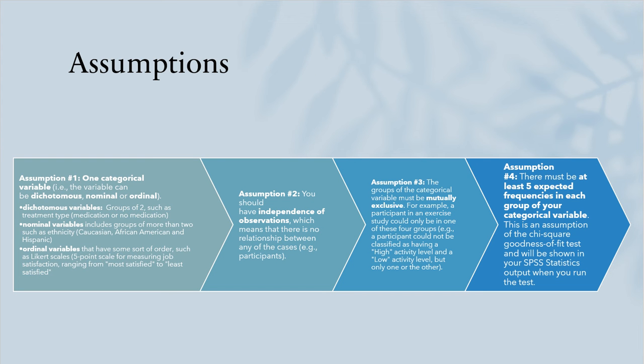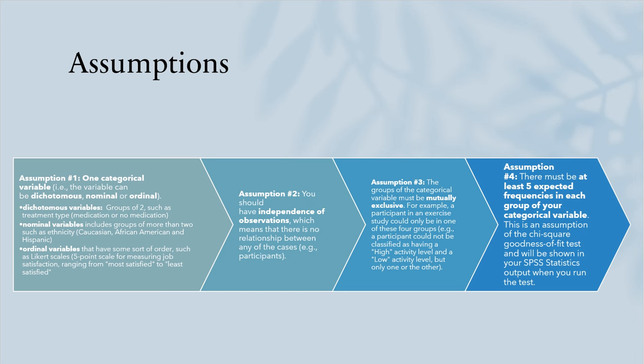Categorical includes dichotomous variables, which are groups of two, like males and females, or nominal variables, in which there are more than two, like ethnicity. There can be several groups there. Or ordinal variables, where there's some kind of order to it. It's not numerical, but for example, winners of a race: first, second, third place.